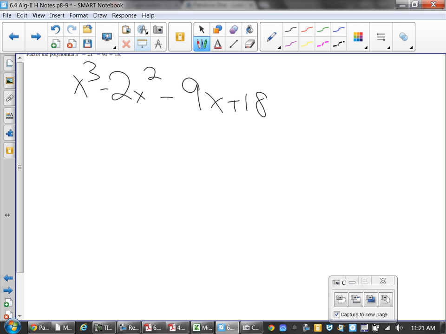Now, hint-wise, if you have 4 terms, you're probably grouping. If it's 2 terms, think difference of squares, difference of sums or difference of cubes.